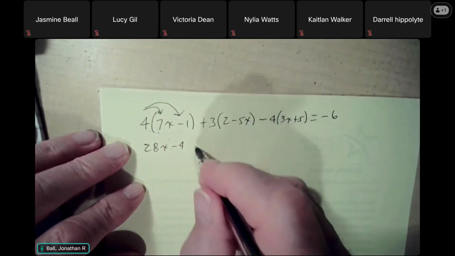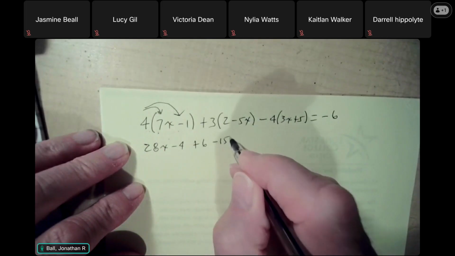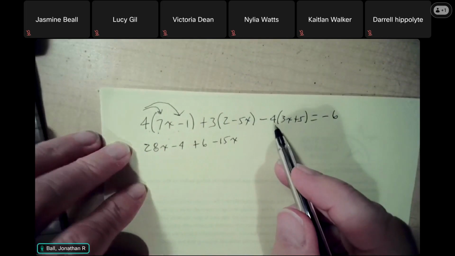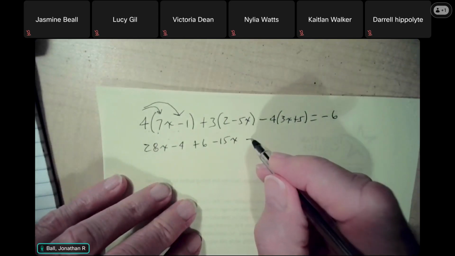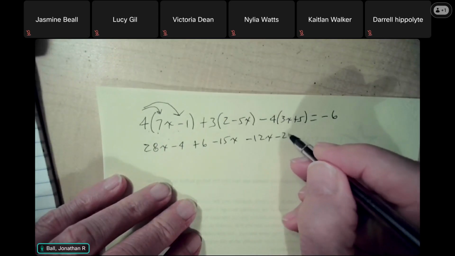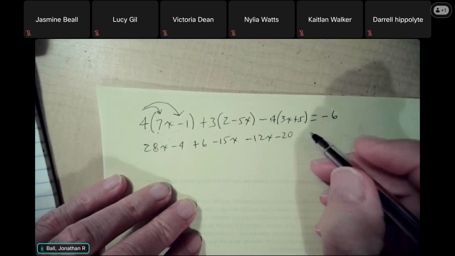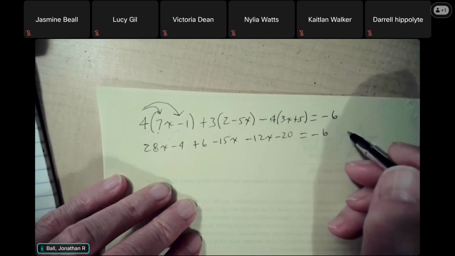Same thing here: plus 6 minus 15x. Same thing here: minus 12x minus 20. -4 times a positive 5 is -20, equals -6.